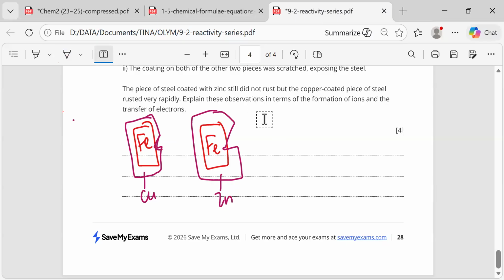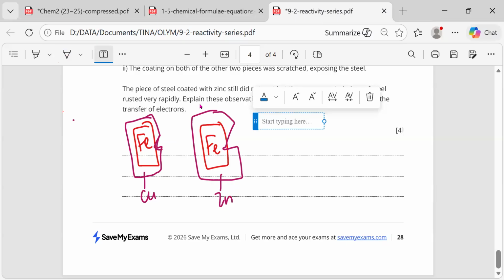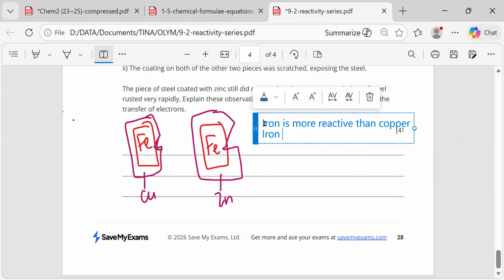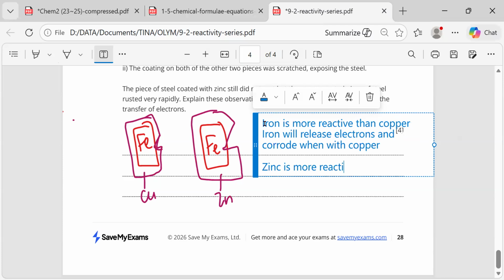Get it? So then you need to write: iron is more reactive than copper. Iron will release electrons and corrode when with copper. Zinc is more reactive than iron.